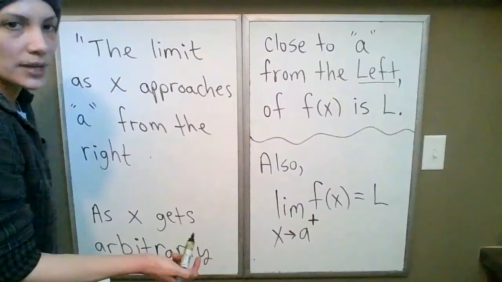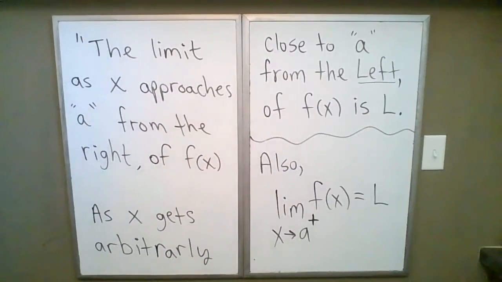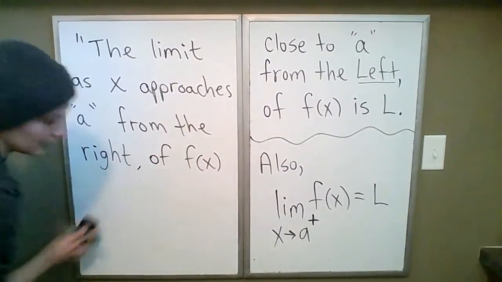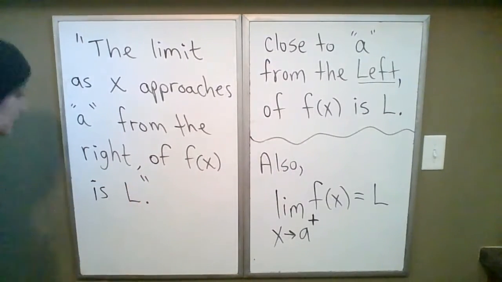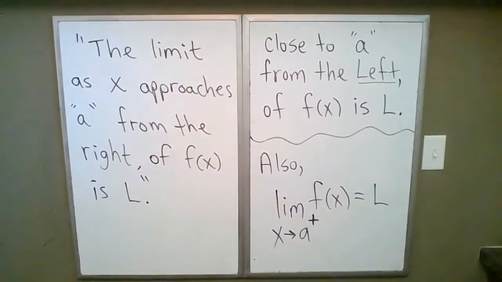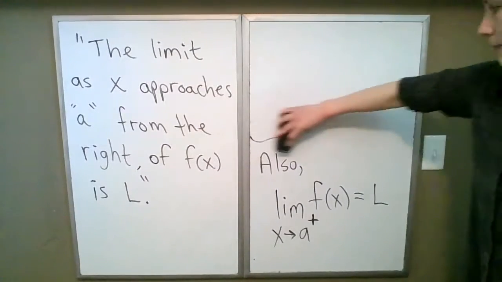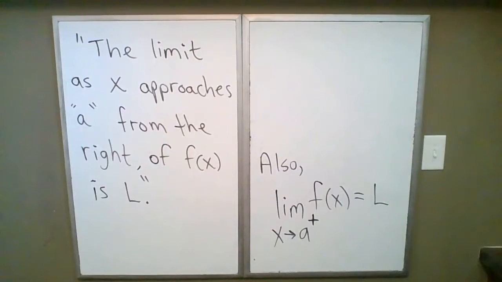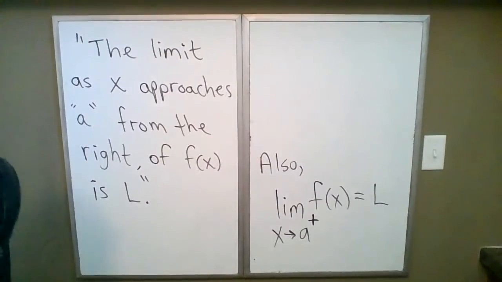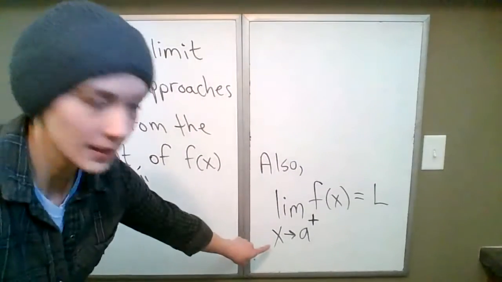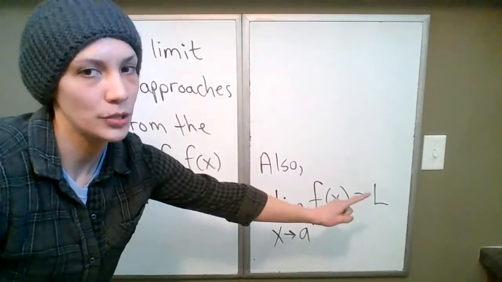And then you talk about your f of x, and it's some value L. As x gets arbitrarily close to a from the right, f of x gets arbitrarily close to L.